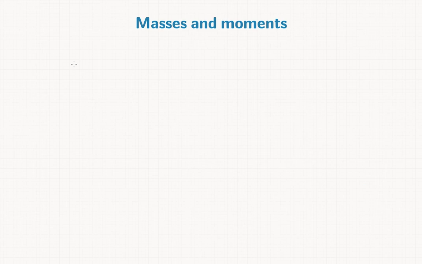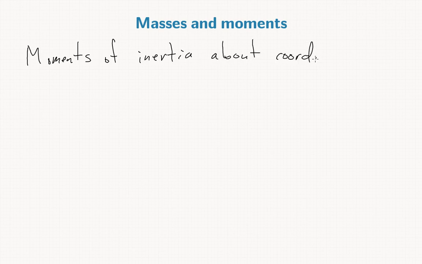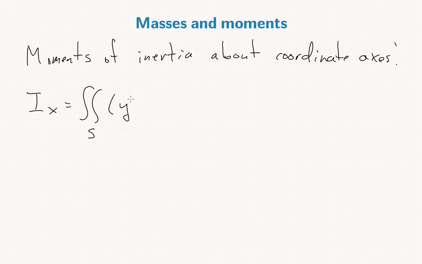So the formula for the moments of inertia about the coordinate axes are: Ix is the integral over S of the distance squared to the x-axis, so that's y squared plus z squared, times density d sigma.